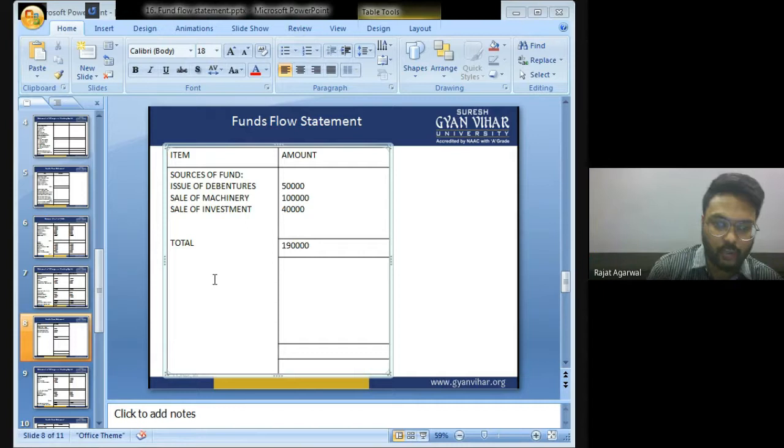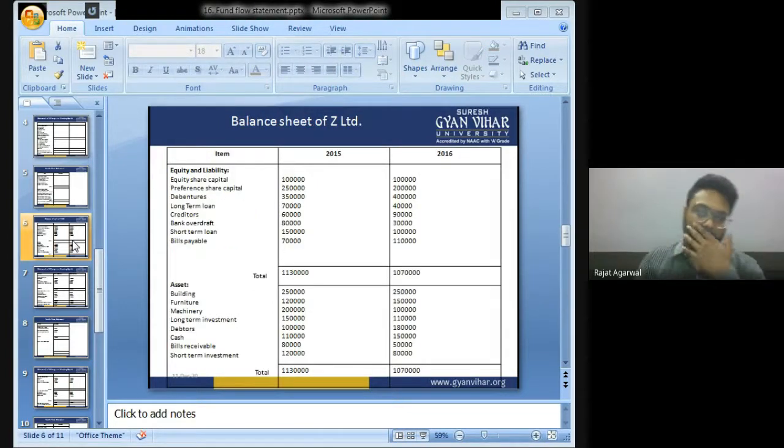Now, bachcho, we will write application of fund. Equity share capital was 1 lakh in the previous year and 1 lakh in the current year. No increase, no decrease. We will not consider it.